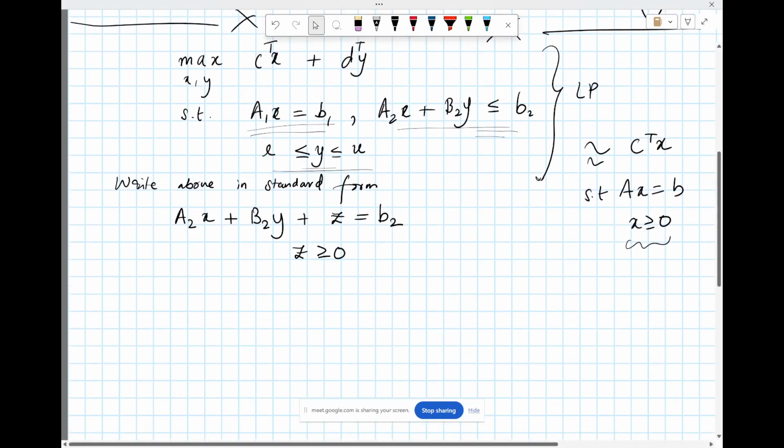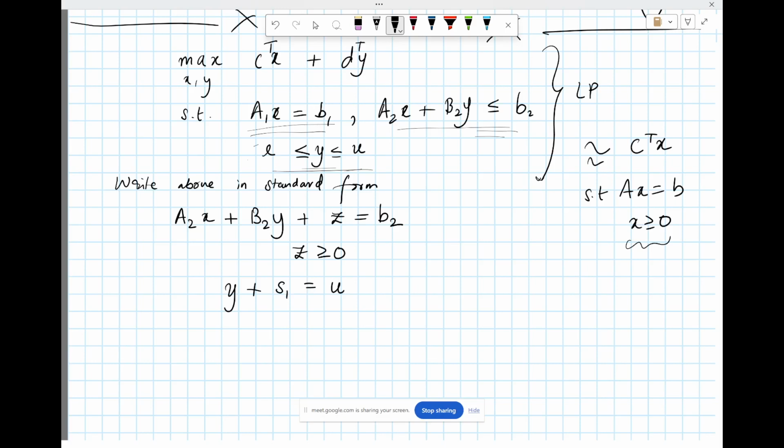Now let's take care of the upper bound and lower bound on y. To do that, we will add some slack and some surplus variables. For y less than or equal to u, we can add y plus s1 equal to u, and s1 is greater than or equal to 0.